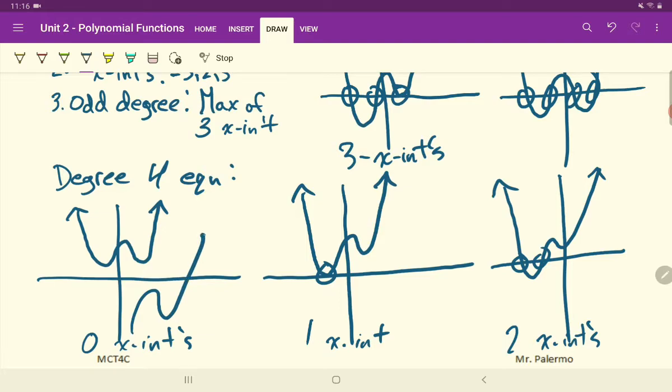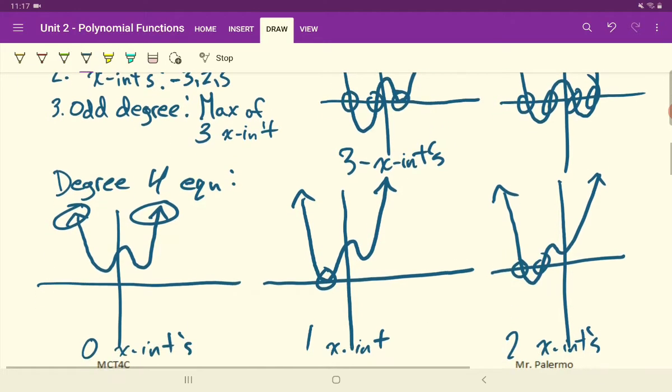So at some point, one of those two ends of the line will cross your x-axis. It has to. But when it comes to an even degree function, because the end behaviors are the same and going in the same direction, you actually don't have to have any x-intercepts, right?